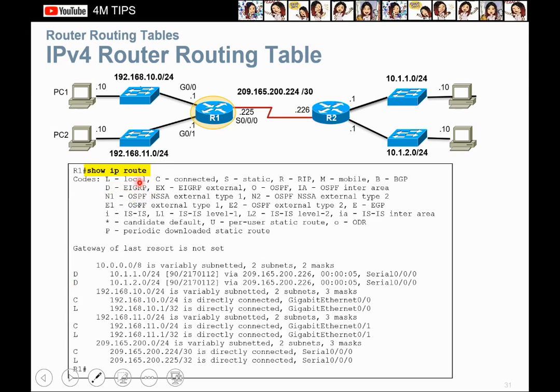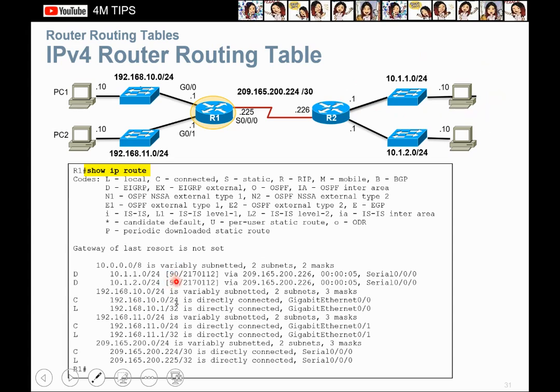When you show IP route, it's already proven that router 1 has a pre-configured EIGRP protocol, which is denoted as D. If you look at the D here, it has a route to the 10.1.1.0/24 remote network using the routing protocol called EIGRP.